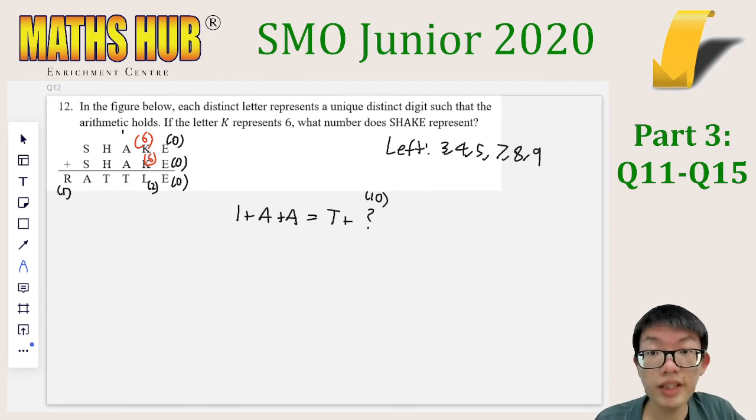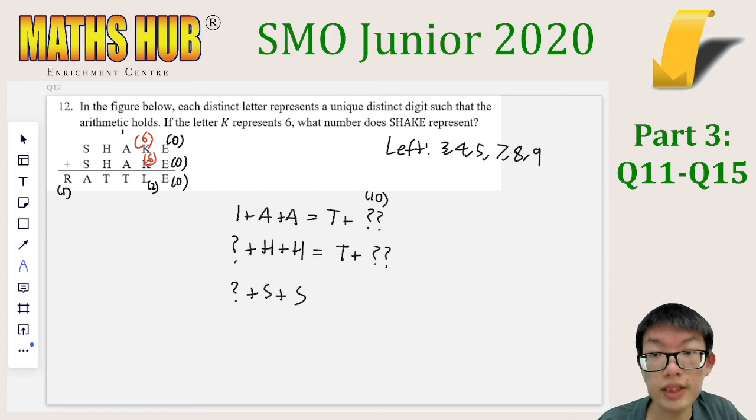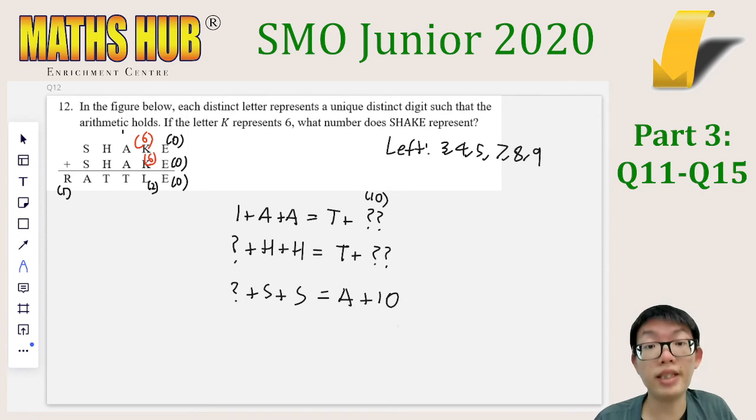Now depending on whether there's a carryover, that would add up to question mark plus H equals T, and again with a possible carryover. And finally, depending on whether there's a carryover here, this unknown carryover plus S would be equal to 10 plus A. So this one, there is definitely a carryover.